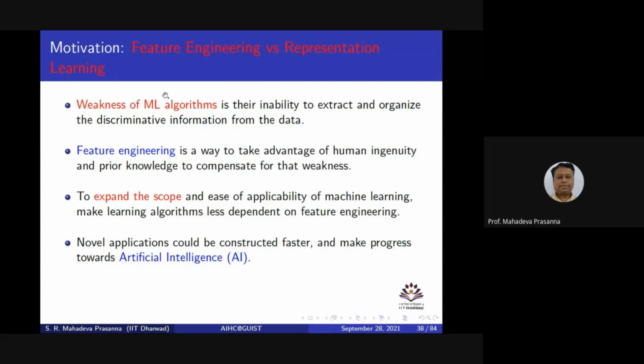Now the question is, there is a history of about 5-6 decades of feature engineering using digital signal processing. Why use deep learning models for feature extraction? Can't we do it using only digital signal processing? Of course, we can in certain domains like speech or image.